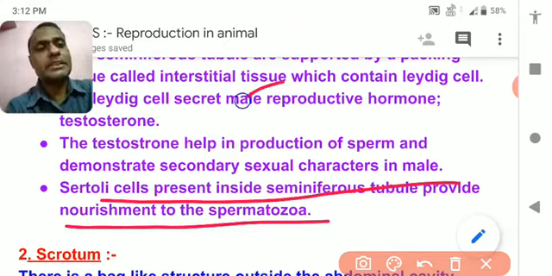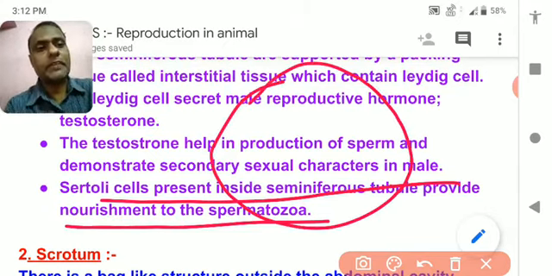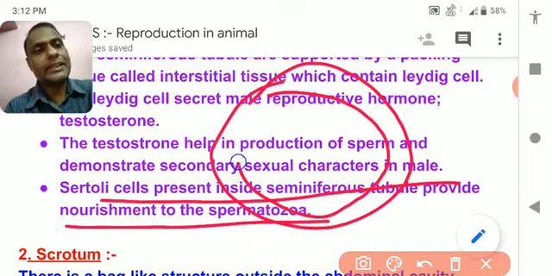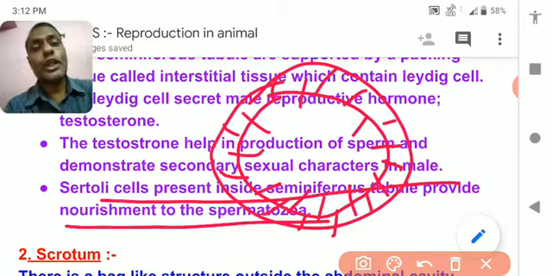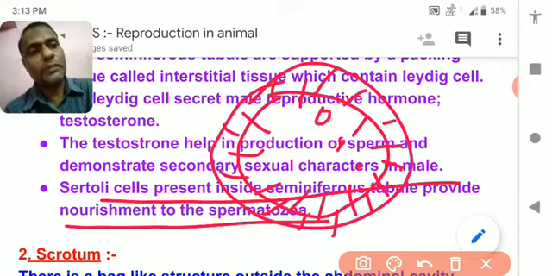spermatozoa. Suppose it is a seminiferous tubule, and the first layer of the seminiferous tubule is called the germinal epithelium. The germinal epithelium divides and redivides to produce lots of germs, or you can say lots of sperms. When the sperms are produced from the germinal epithelium, they need nourishment, or food.